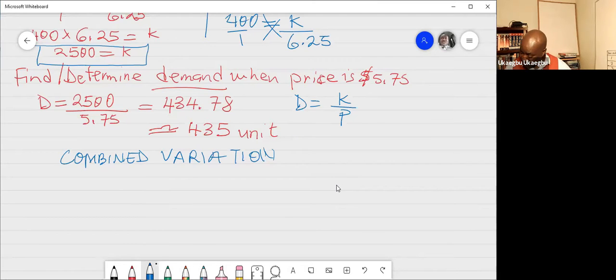The volume varies inversely as the pressure, 1 over P. And the volume also varies directly as the temperature.